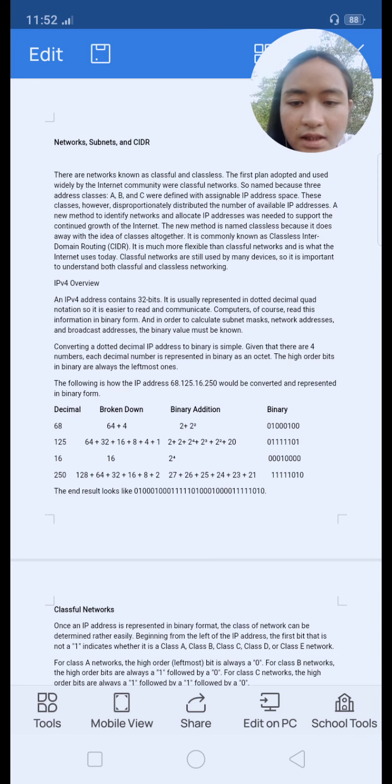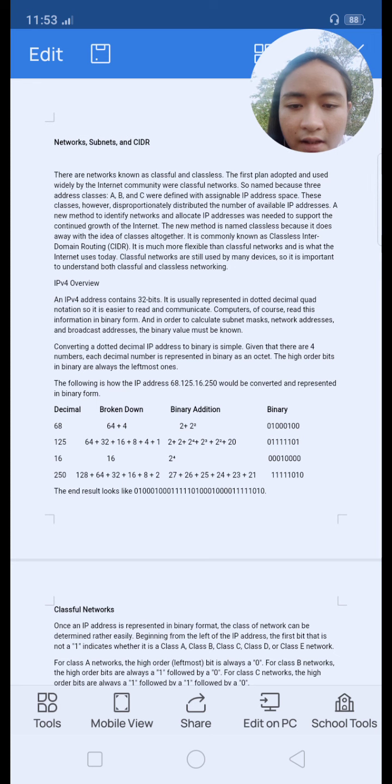It's broken down: 68 is 64 plus 4. For 125, it's 64 plus 32 plus 16 plus 8 plus 4 plus 1. 16 is just 16. For 250, we have broken it down to 128 plus 64 plus 32 plus 16 plus 8 plus 2.